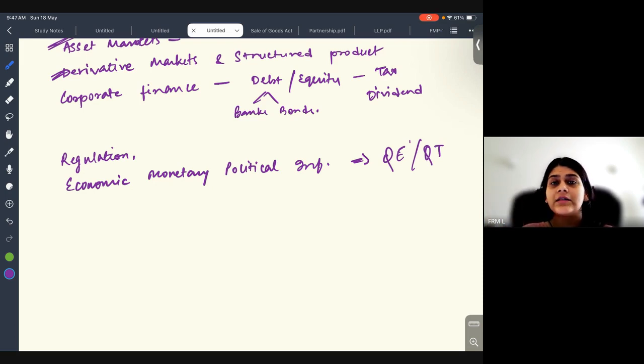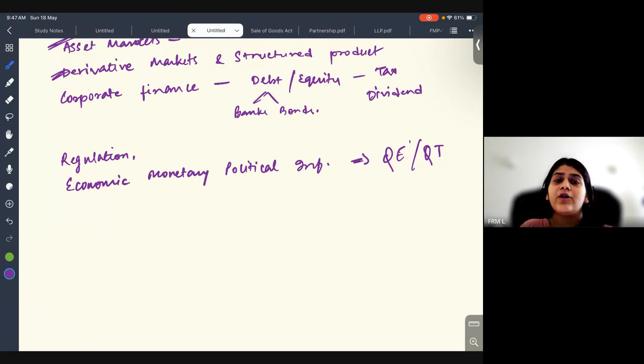How is this quantitative easing? It has a multifold effect. So how are they going to affect different investment returns, different asset prices in a situation? How to decide what kind of move to make next? All of those things are going to be covered for quantitative easing and quantitative tightening.